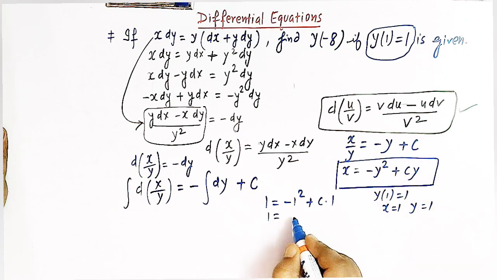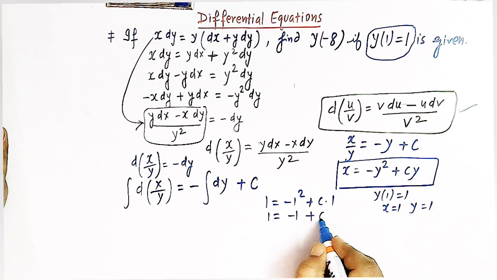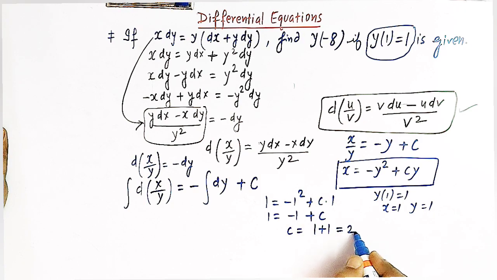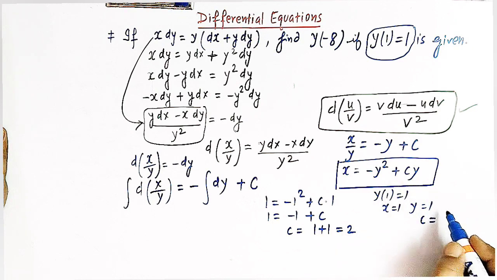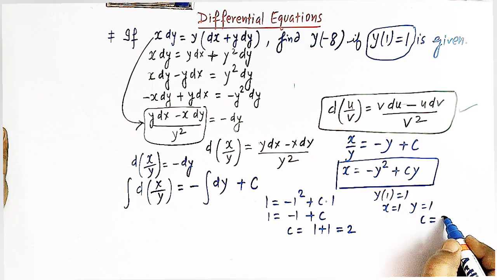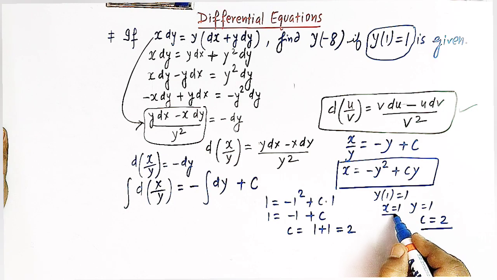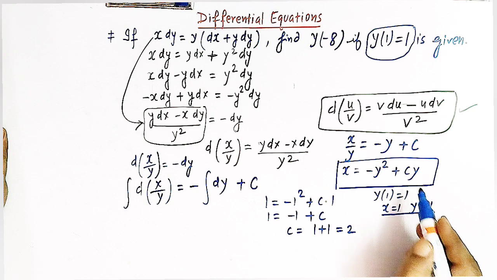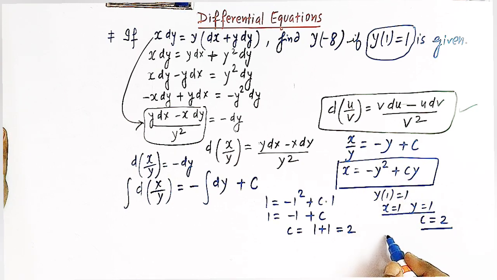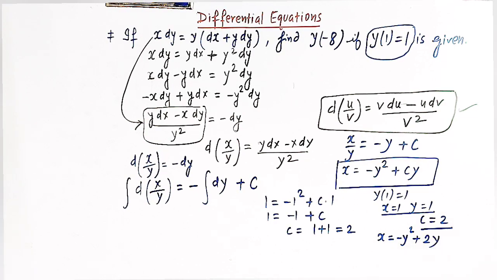So this is 1 is equal to minus 1 plus c. So c is equal to 1 plus 1, that is 2, right? So the value of this constant of integration is equal to 2 for these values. So now substituting c is equal to 2 over here, we have x is equal to minus y square plus 2y.